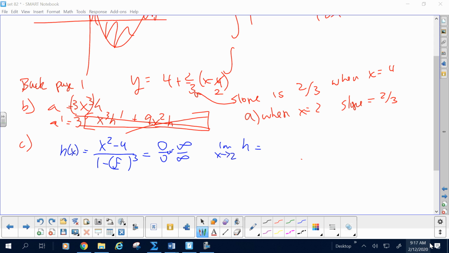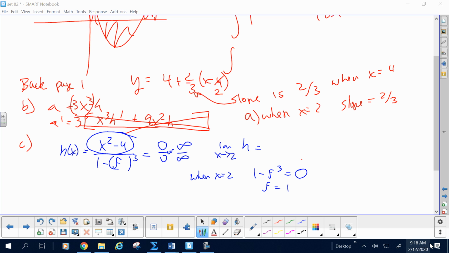Which is the case? Must be 0 over 0 because that's what's going to happen to that, yeah? Now that implies right away that when x goes to 2, 1 minus f cubed must go to 0, and therefore f must be 1. That's the first part. F at 2 has to be 1. If this is a L'Hopital case, it must be some kind of 0 in the denominator case.